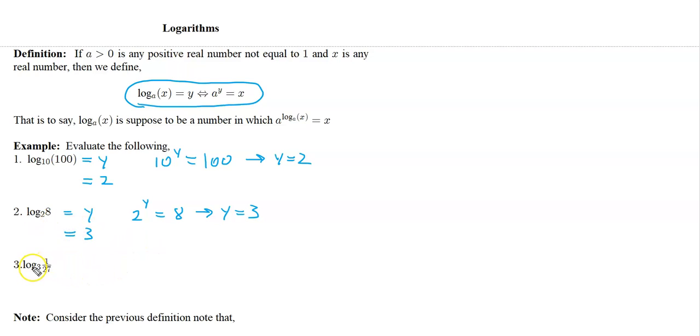Let's try one more. How about log base 3 of 1 over 27? Well, that's supposed to be a number y in which 3 to the y equals 1 over 27. Now, what should this y equal? Well, let's note that 1 over 27 is 27 to the negative 1 power, and 27 is 3 cubed, right? So this is actually 3 to the negative 3rd power, right? You see, 3 to the negative 3rd is 1 over 3 cubed.